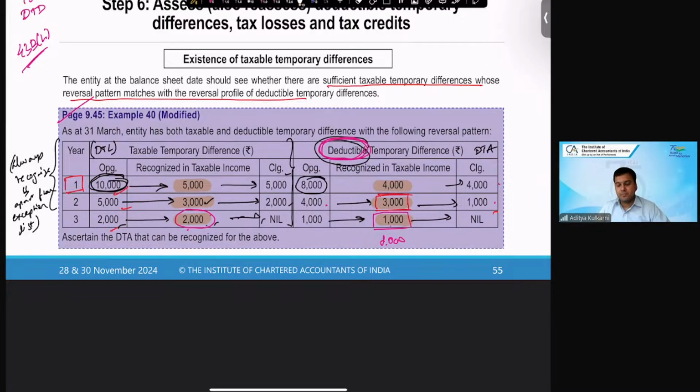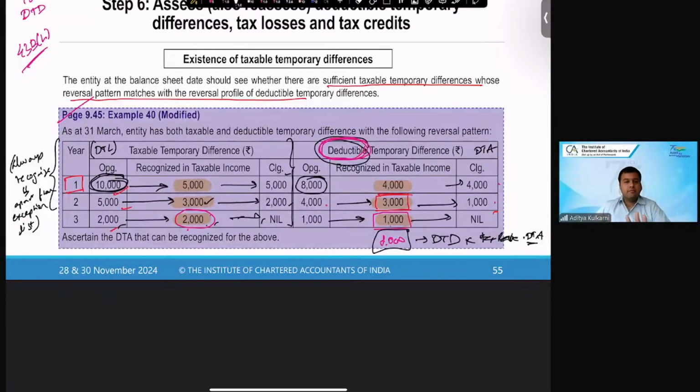So therefore, I can recognize the entire 8,000 as my deductible difference to give you the DTA. Did you understand?